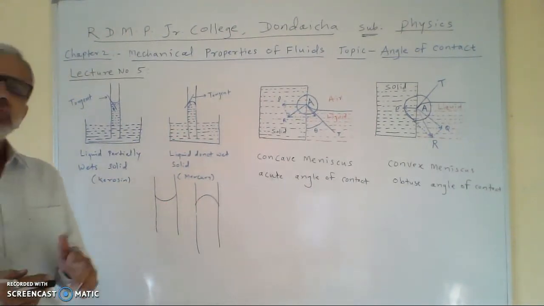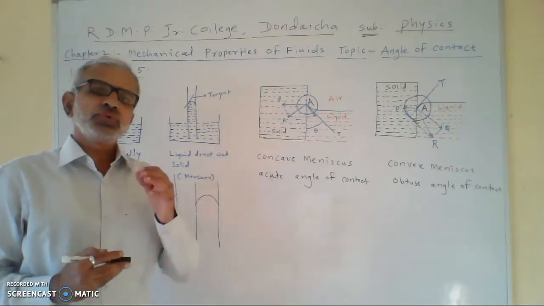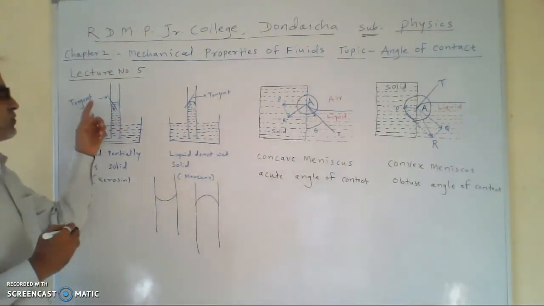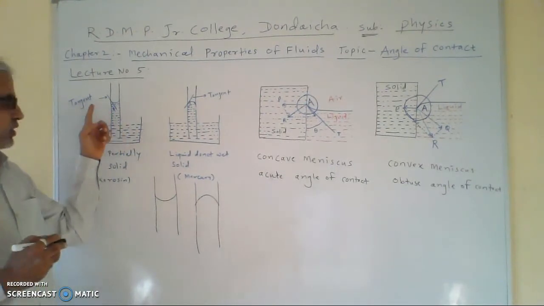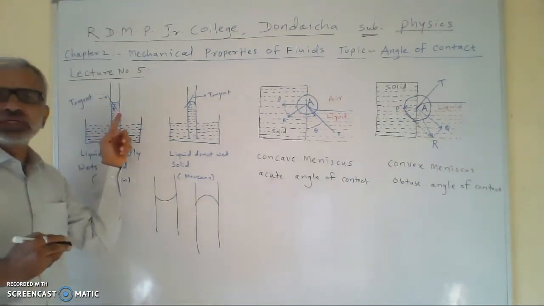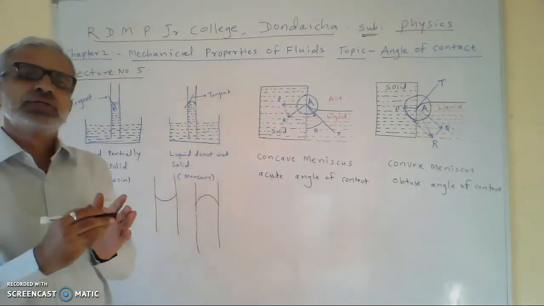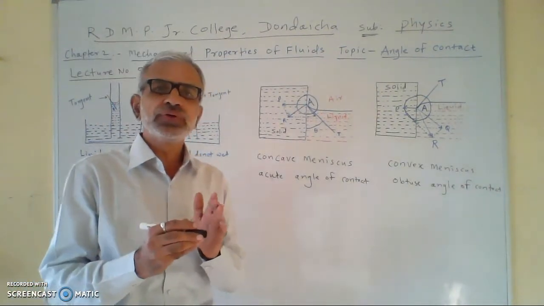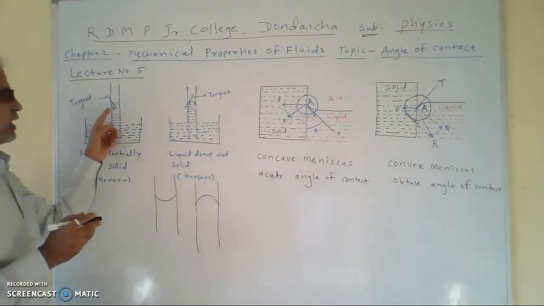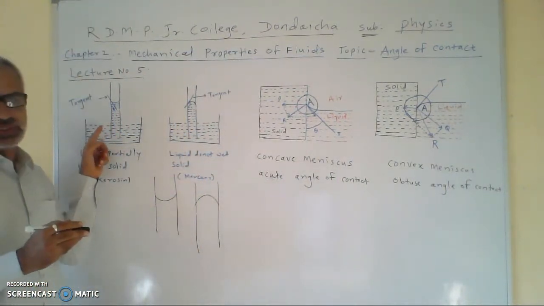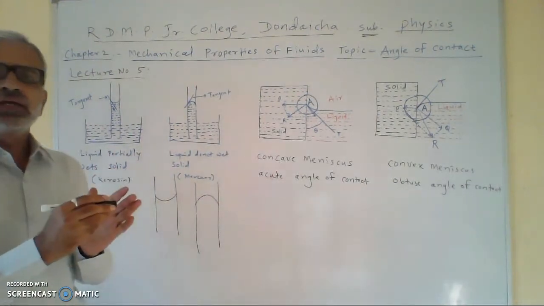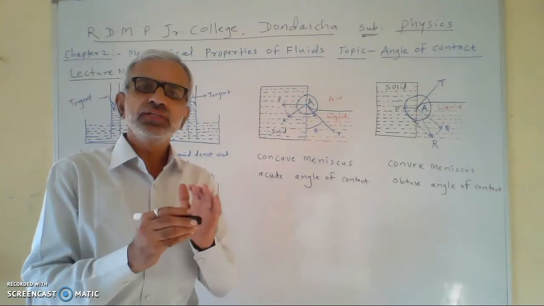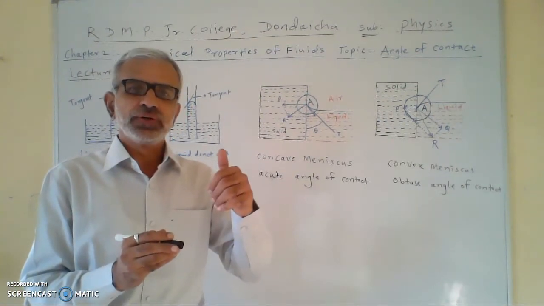Then what is the angle of contact? If you draw a tangent to the surface of the liquid, and if you measure the angle between the tangent and the solid surface, then that angle is called the angle of contact. This angle is measured within the liquid.